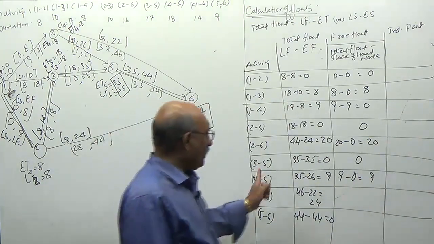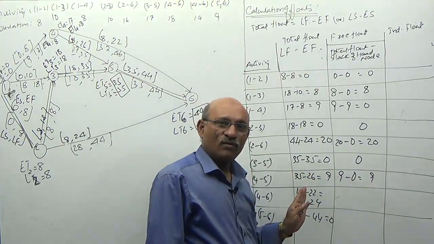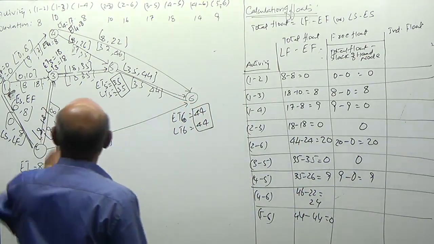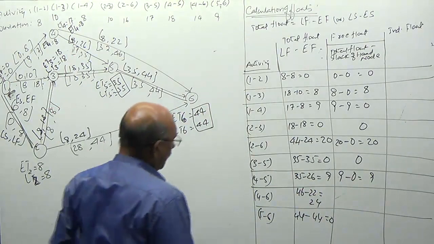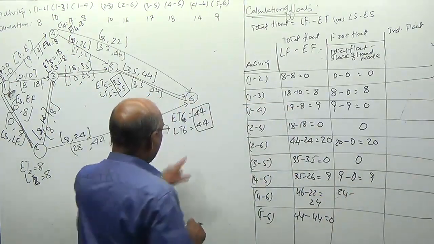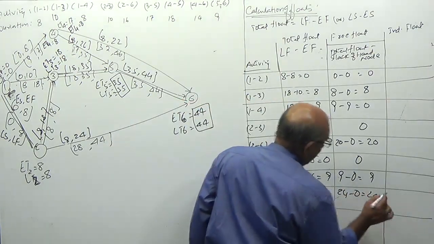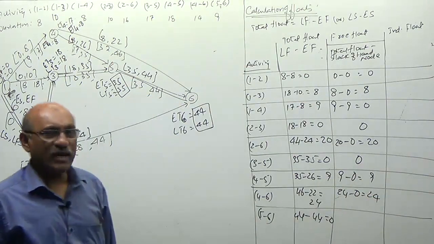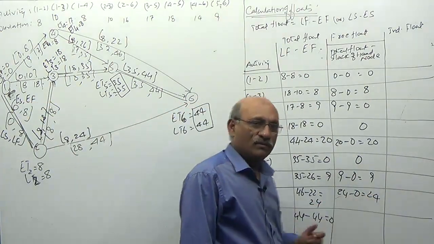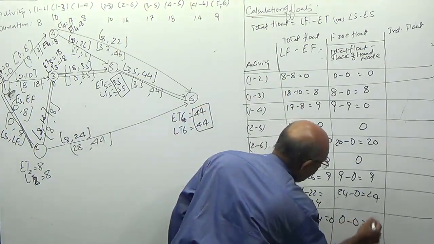So here, there is no difference between total float and free float. This is 9. Next, 4-6, sir. 24 minus... 6 is the head node. 44 minus 44, 0. It can use all its 24 days of time. Here also there is no difference between total float and free float. Next, the critical paths are 0 minus 0, equal to 0.